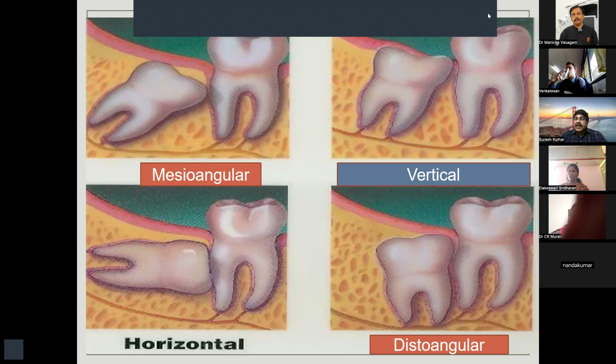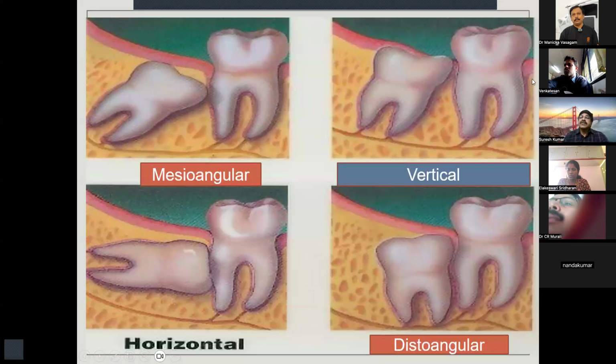And then the other category where the real confusion exists is between the vertical and distoangular. Both will look alike in the radiographs. If you look at them, they will be straight. Okay, so you can either say it is vertical or distoangular. Both will look very, very similar. How to differentiate between vertical and distoangular is to look at the amount of interdental space or the interdental bone between the 7 and 8 here, and between 6 and 7 here.